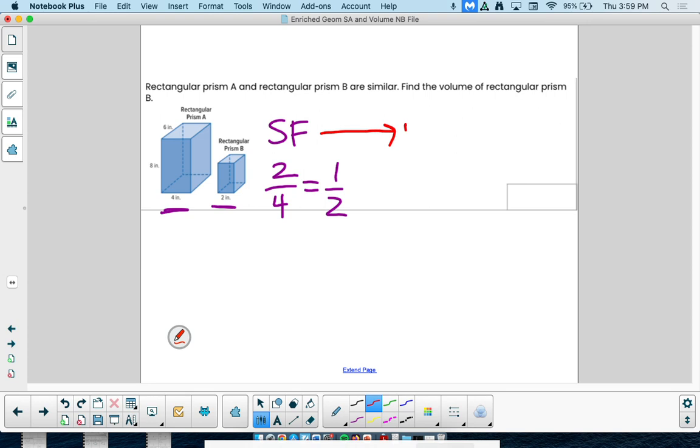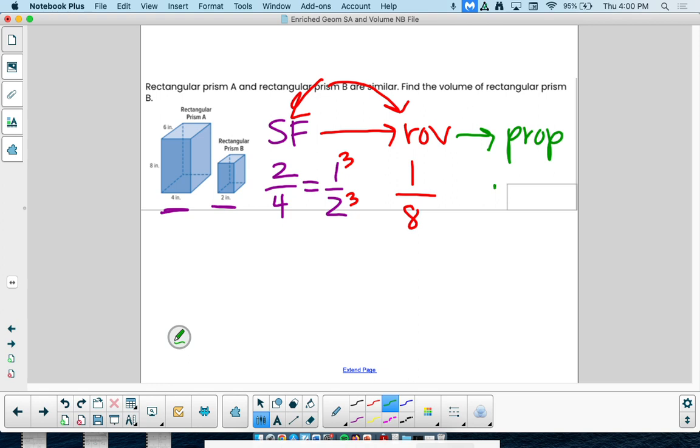Then from here, I need to get to the ratio of our volumes. So what do we do to our scale factor to get to the ratio of our volumes? We cube them. So 1 cubed is 1, 2 cubed is 8. And then lastly, folks, we have to write our proportion. So we're going to have 1 over 8 equals, we're looking for the volume of the smaller prism, right? Do I know the volume of the larger one?